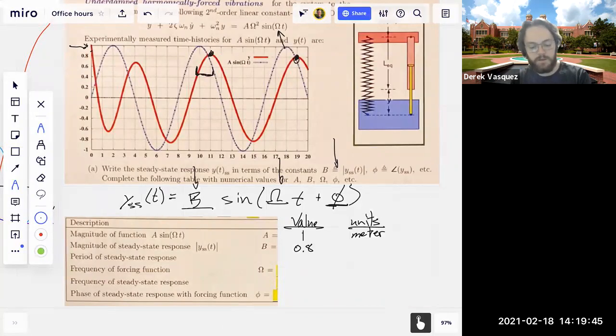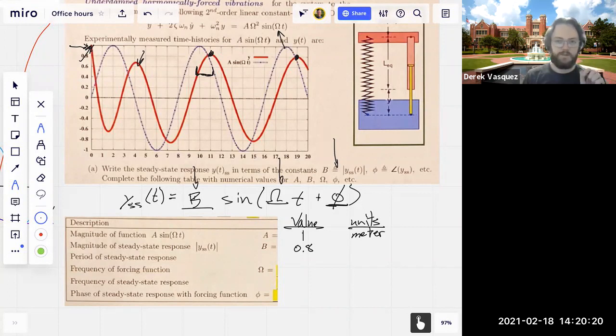So the steady state response, these two peaks right there are at 0.8 on the graph. You want to be careful because our response at that point is not reaching that amplitude of 0.8. That's because we haven't reached steady state yet. We still have some interesting things going on.